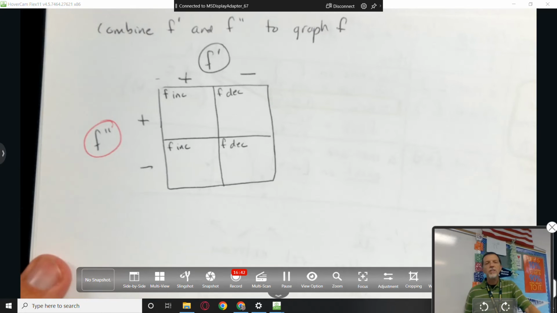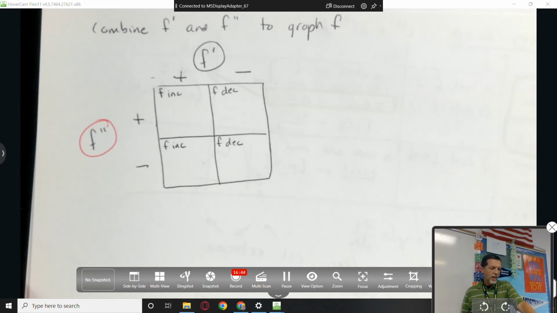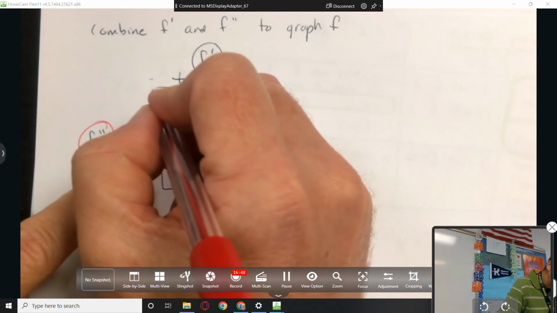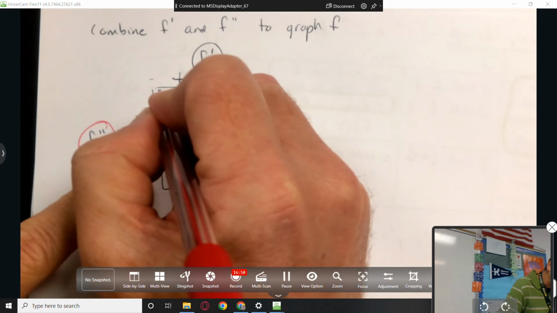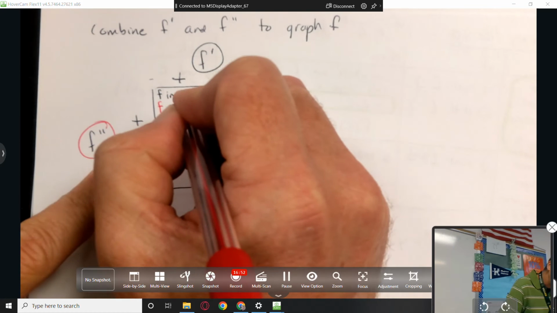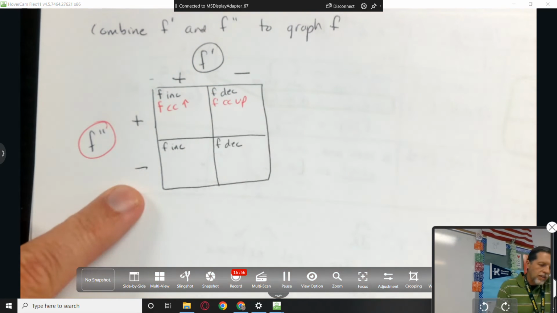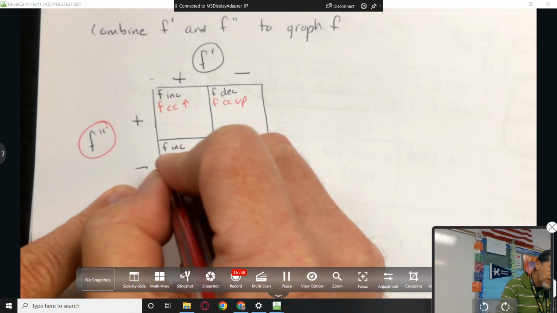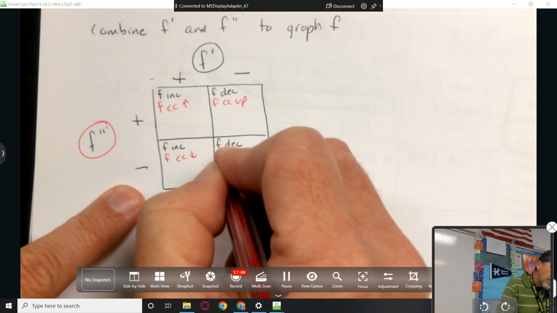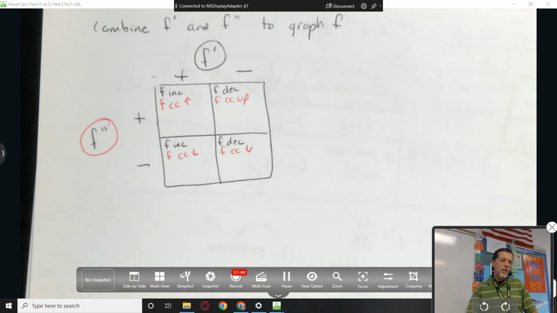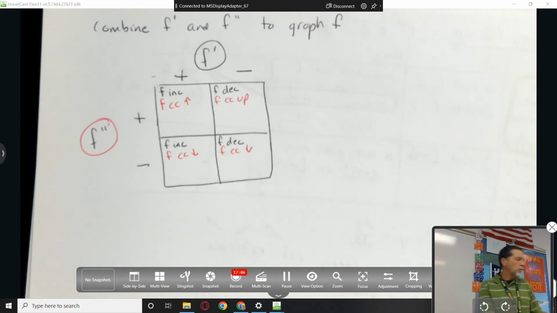Switch to a different color just for the heck of it. Second derivative. If the second derivative is positive, what does that tell us about f? Concave up. And if the second derivative is negative, f is concave down. And I tried to leave room in there to draw a picture of each one.